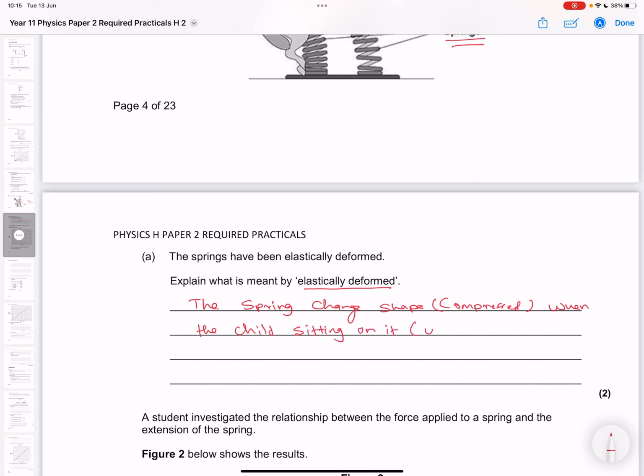That means the weight of the child causes the spring to change shape, and it will return to its original shape when the force, the weight, is being removed. Okay, so that is the 2 marks question here.